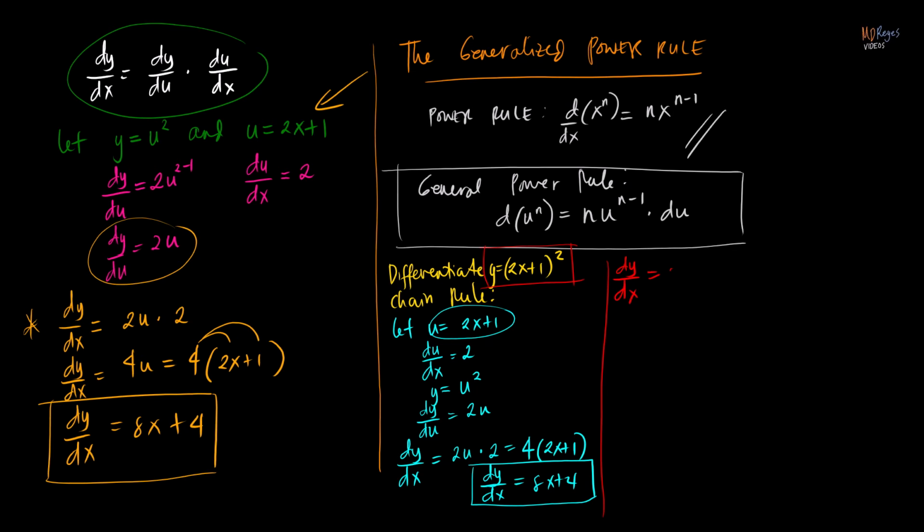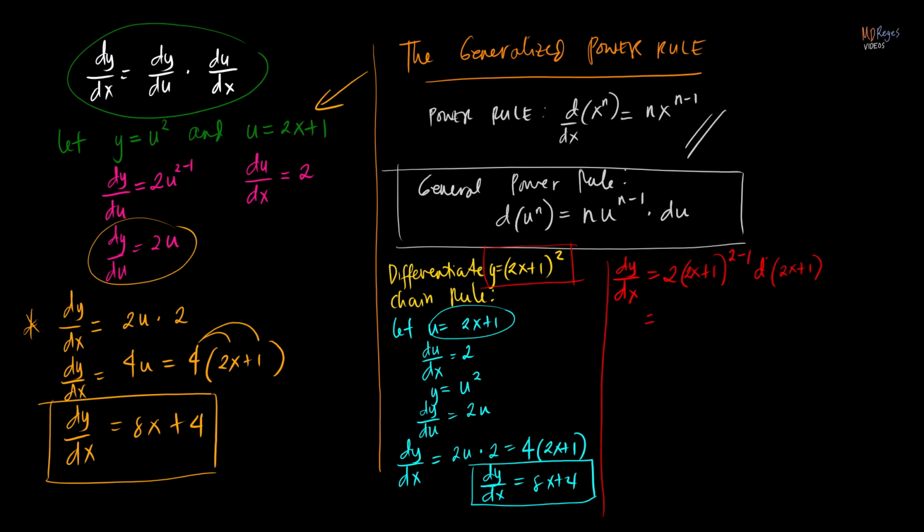You bring down the exponent, copy the base, 2x plus 1, subtract 1 from the exponent, and then what is this part? du is the derivative of the base, the derivative of 2x plus 1.